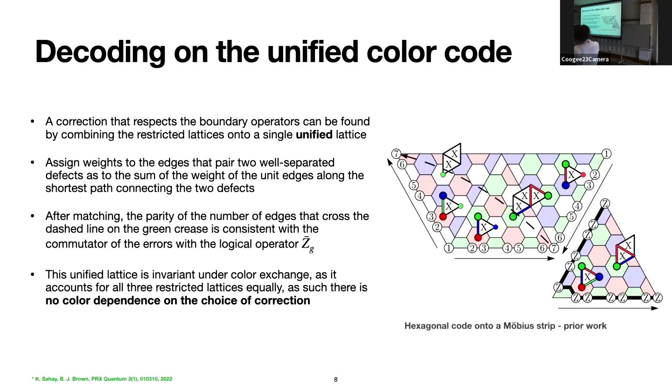So we can catch more errors this way. Now, something that came up in the paper that also comes up for us is that we have to figure out how to assign weights to the edges of the matching graph of this new lattice.